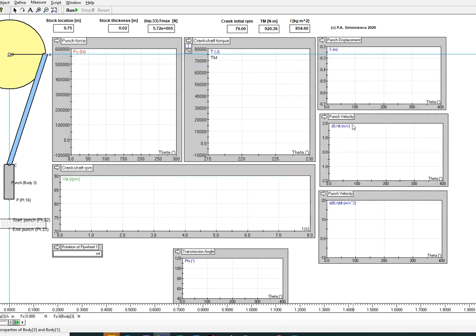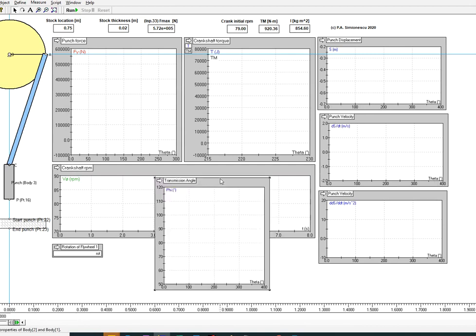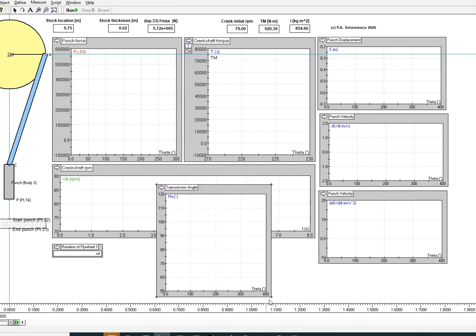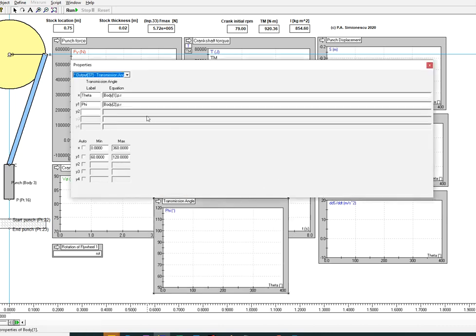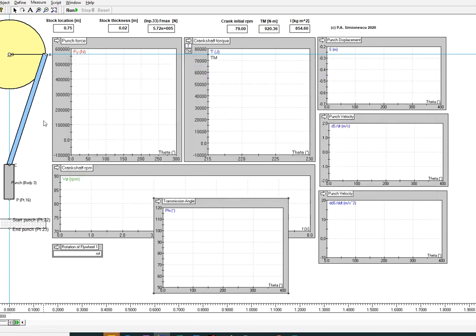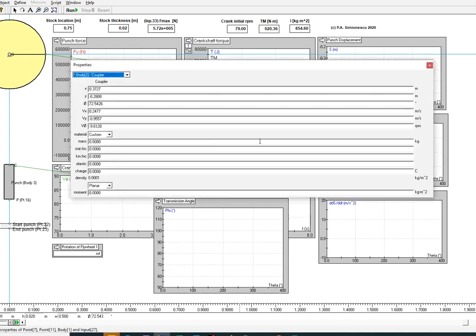So if I hit run, and this is also the transmission angle, by the way. It's plotting. How do I get the transmission angle? Transmission angle is just going to be the rotational angle. If I make this 0, no, rather this one 0.